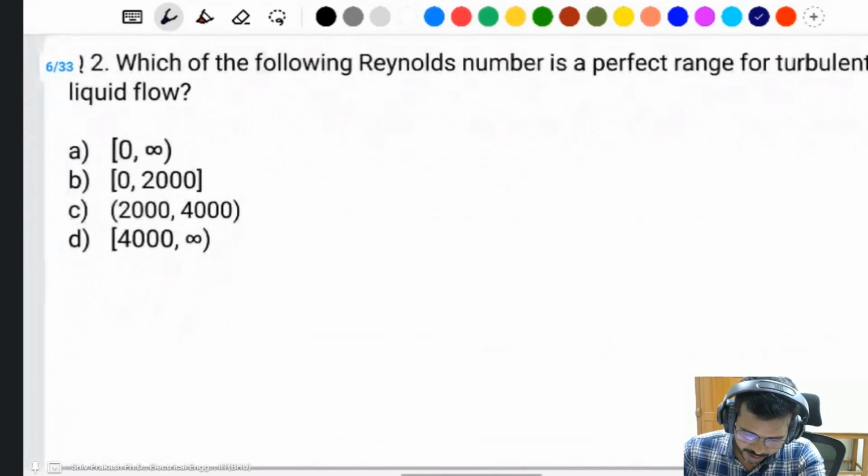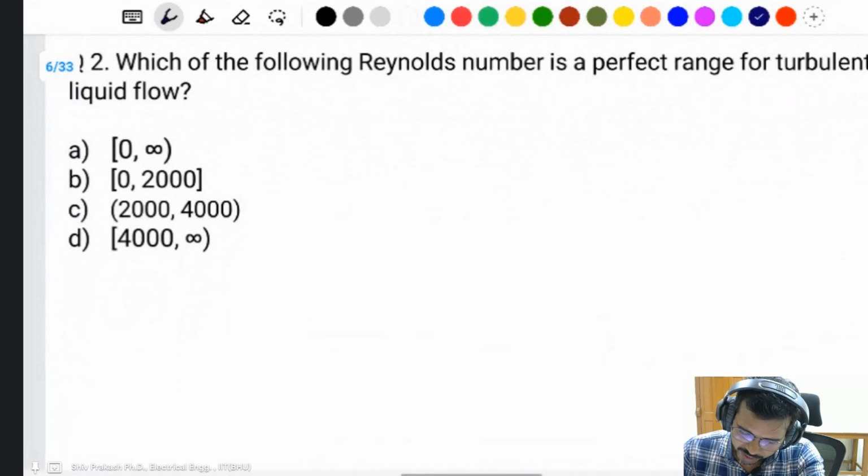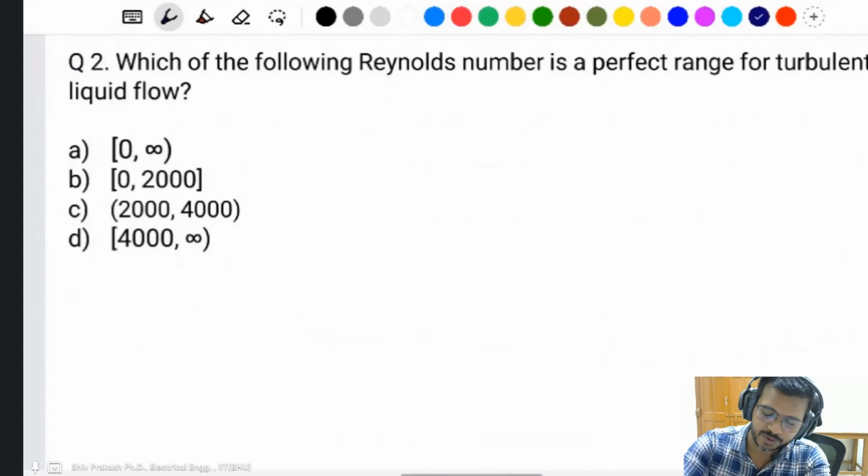And the second question is: which of the following Reynolds numbers is the perfect range of turbulent liquid flow? Turbulent or laminar flow of water depends on the Reynolds number.